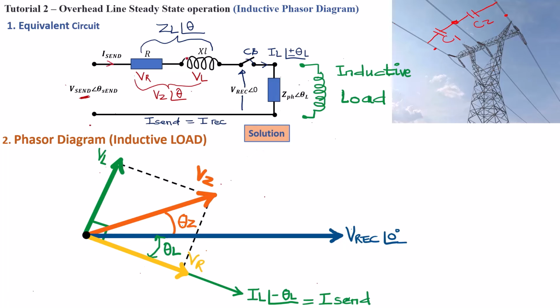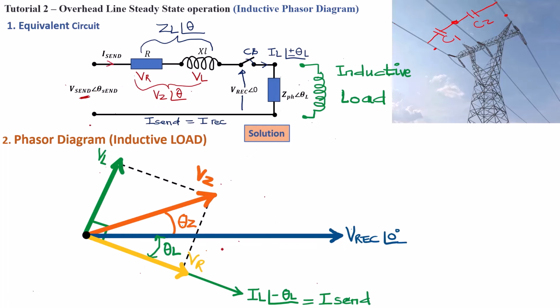We encounter a voltage drop across the transmission line because of the reactive element and the resistive element of the cable. So now we need to know how much our V sending is in relation to the V receiving, because remember, V receiving before we close a circuit breaker is equal to V sending. But as soon as we close a circuit breaker, there is going to be a current flow, then there will be a voltage drop, and V receiving will be less than V sending.